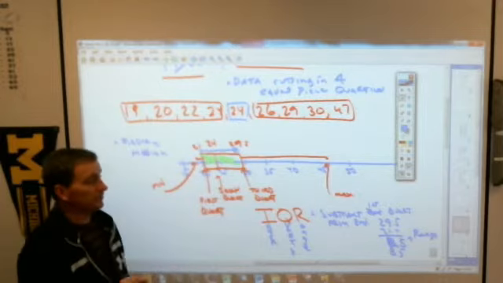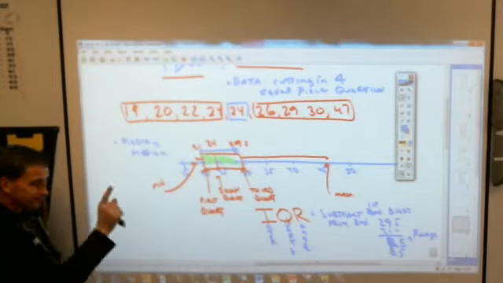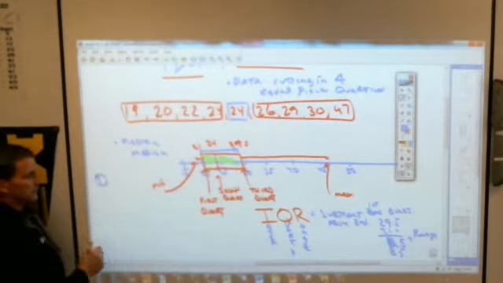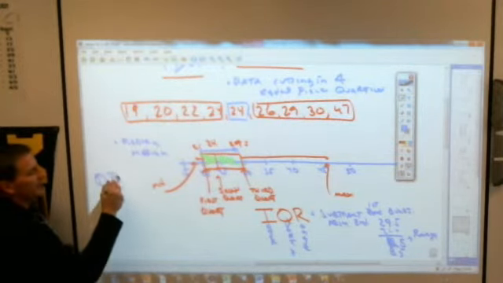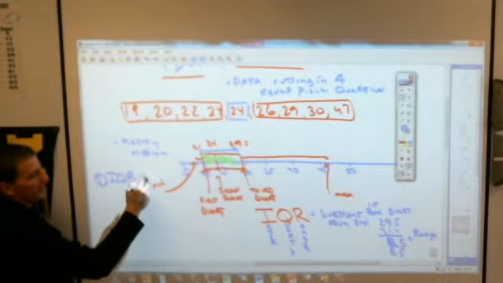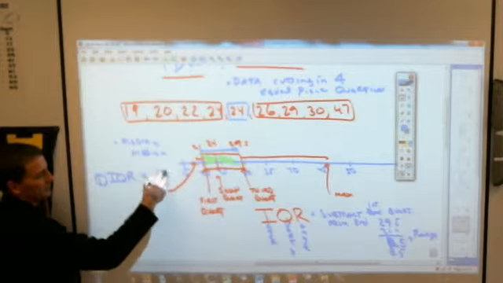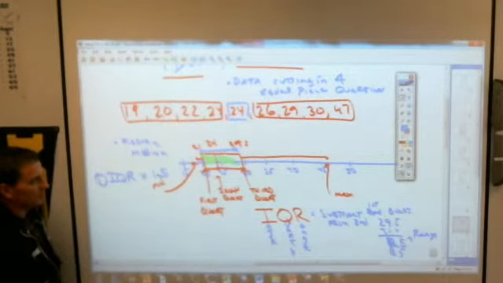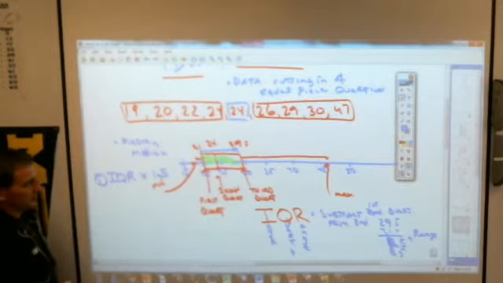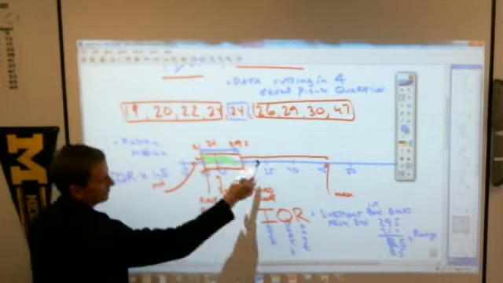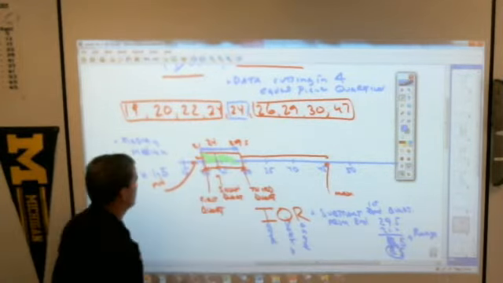In order to find out if something is an outlier, here's what you have to do. Step number 1 is you need to take your IQR and multiply it by 1.5, which I didn't like because we ended up with 8.5, but that's because I missed the number in this whole messy thing. My IQR was 8.5.